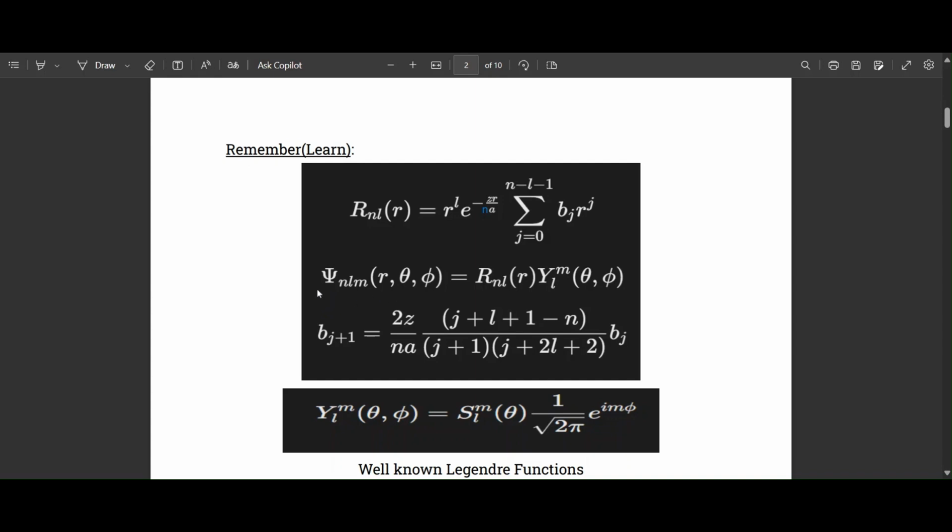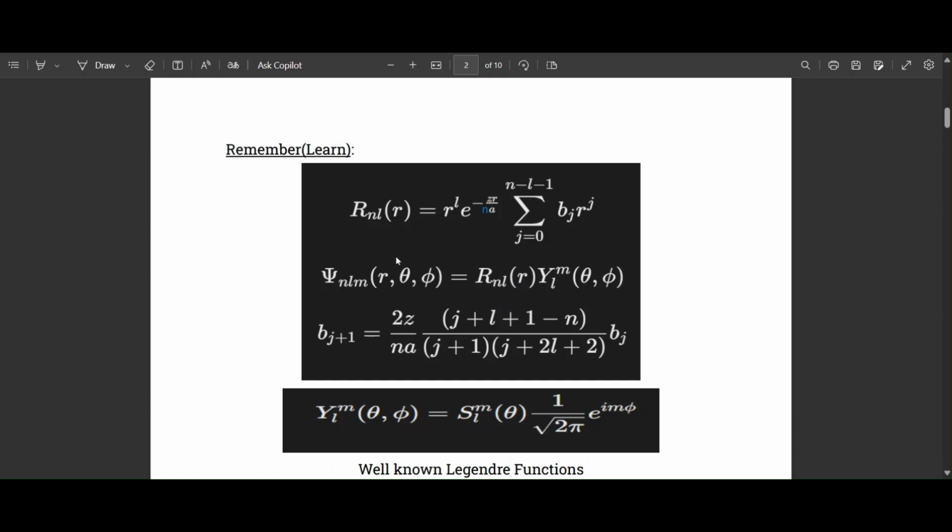Whenever we talk about a wave function, we talk about a radial part, that is this r part, and this angular part that depends upon theta and phi, while the radial part depends on the r vector. These are the things when we talk about spherical coordinates.